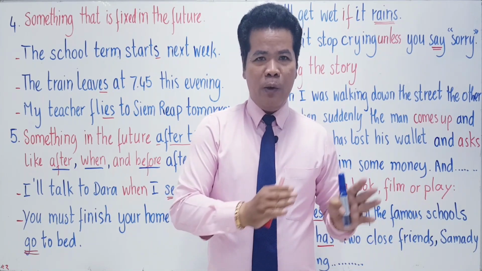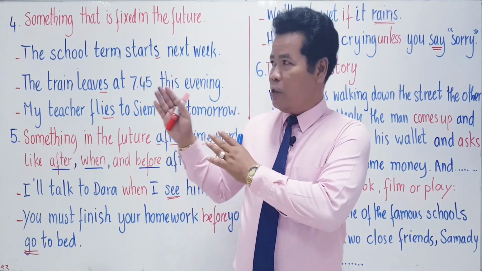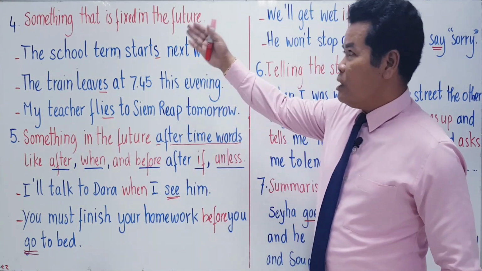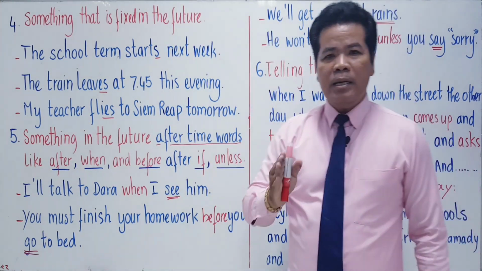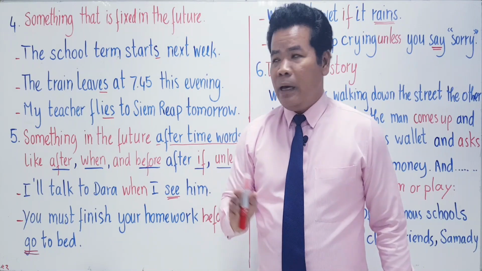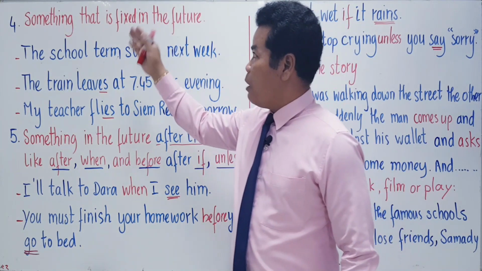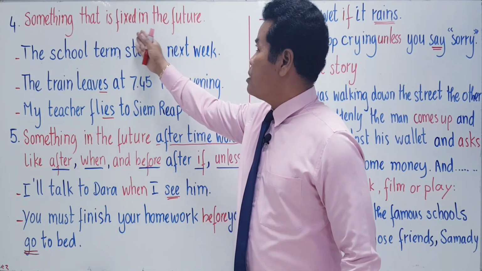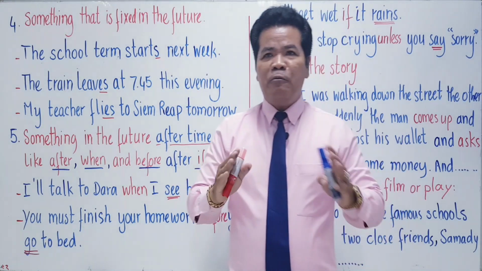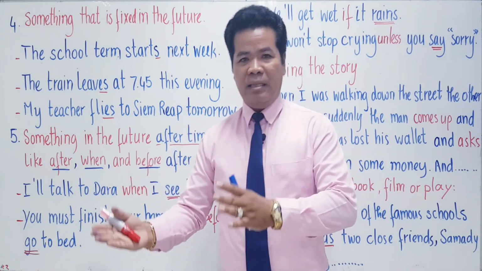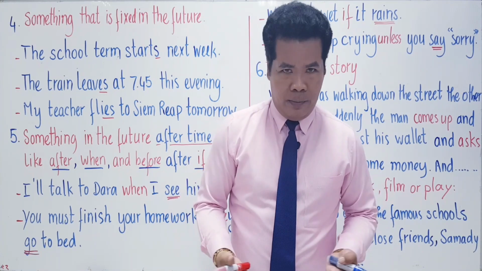Okay, now, before doing the exercises, please have a look at the uses. Use number 4. The present simple tense is used to talk about something that is fixed in the future. Fixed means it doesn't change, like a schedule.